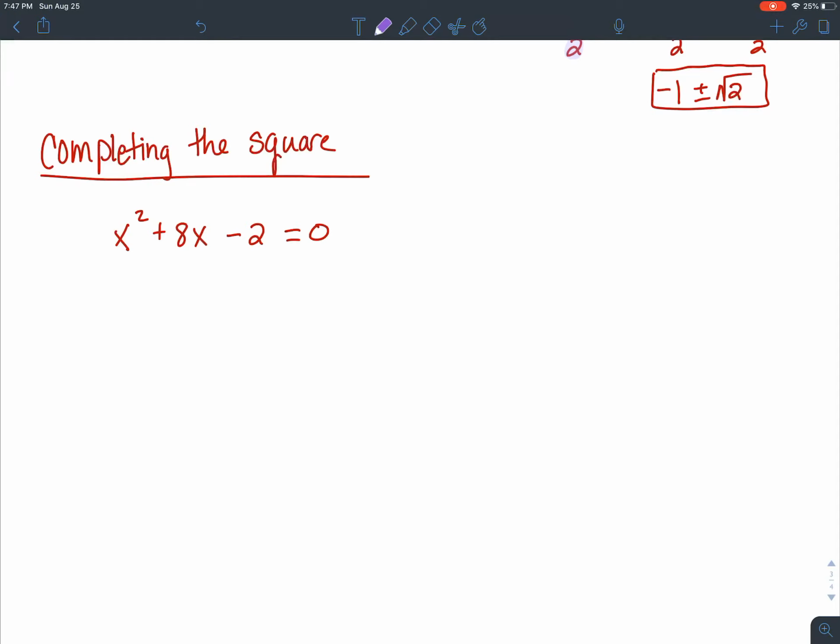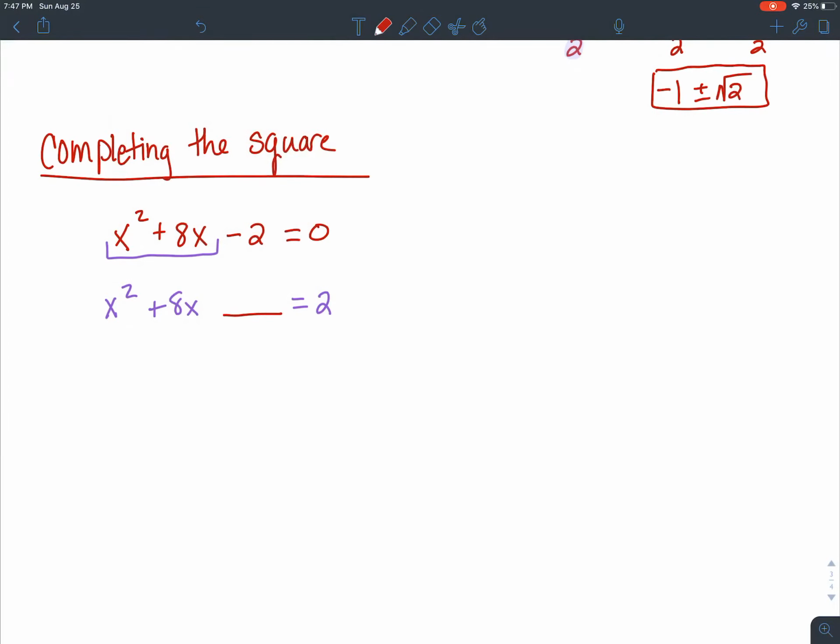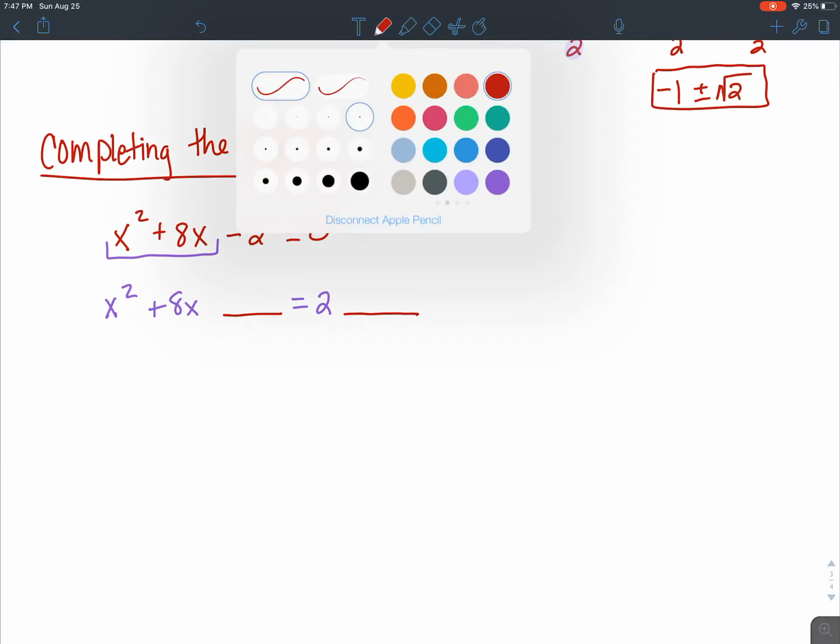What I like to do first is isolate the quadratic term and the linear term. So I'm going to move over the 2. X squared plus 8x. When I move over that 2, it becomes a positive. Now I left this space intentionally. I've got to put something here to make this factorable. The whole goal is we're trying to make this x squared and 8x factorable.